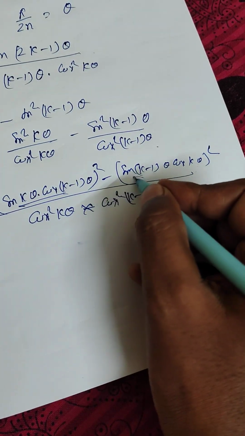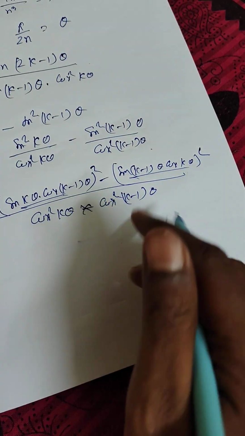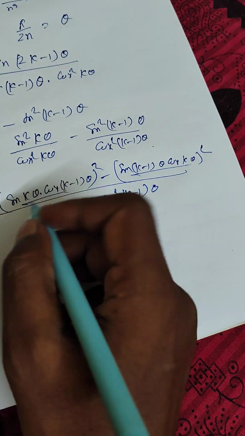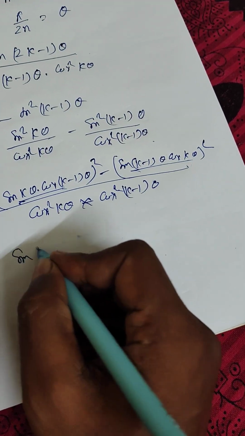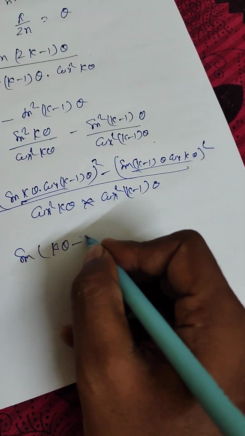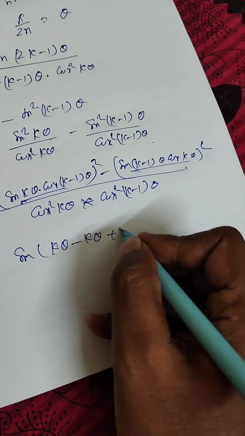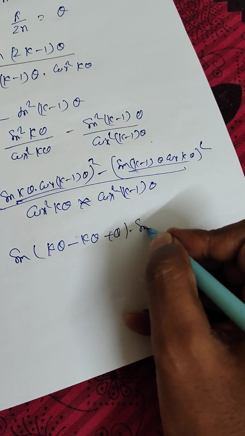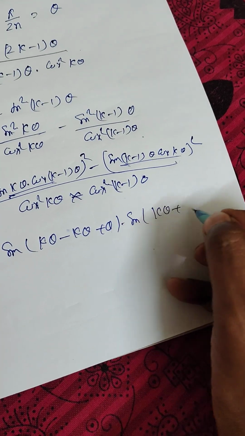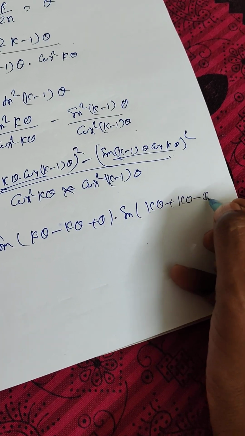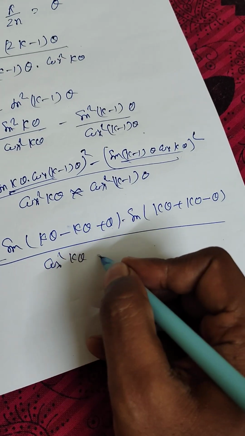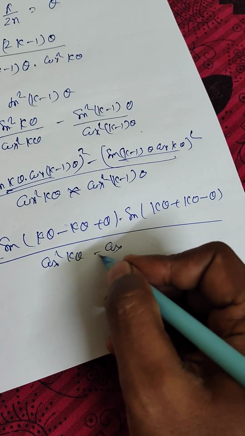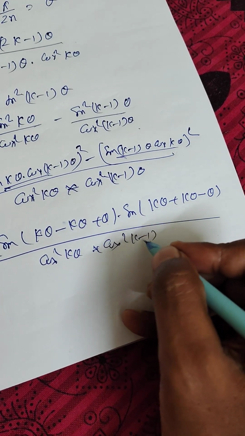Now a square minus b square formula apply. This simplify. So you get sin(k theta minus k theta plus theta) into sin(k theta plus k theta minus theta) by cos square k theta into cos square (k minus 1) theta.